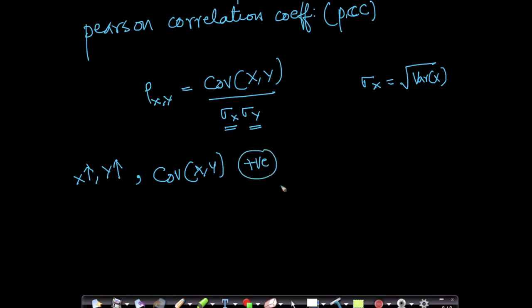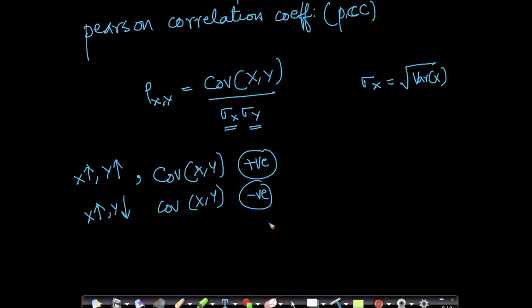But how much positive? It could be very, very positive. Similarly, if as x increases, y decreases, my covariance is going to be negative, but I don't know how negative. So PCC is a very nice idea.